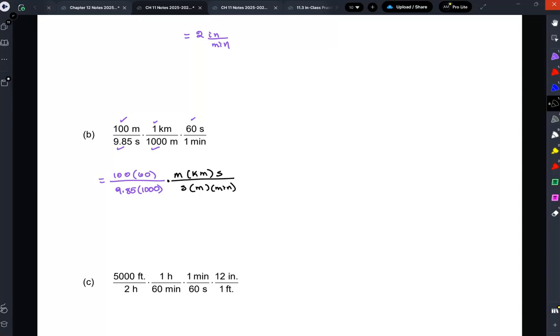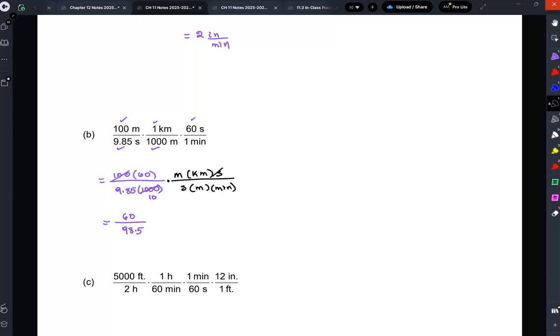Okay, so look at what happens here. Do we know what happens with the 100 and the 1,000, do those reduce? Yeah. I have 10 left over here, right? So this is going to be 60 over. Hey, what's 9.85 times 10? 98.5. Okay, so Jack, what cancels from the units?